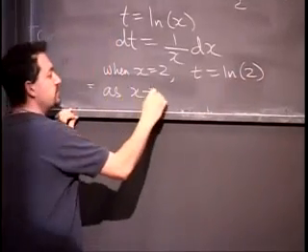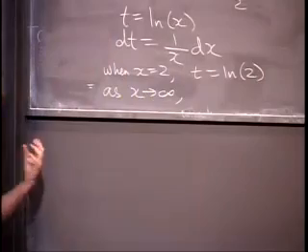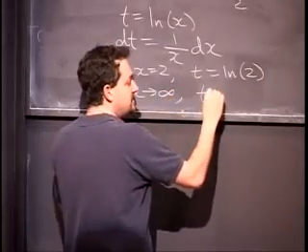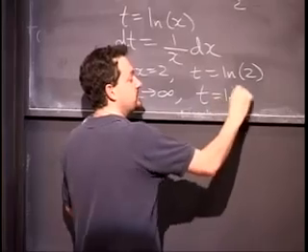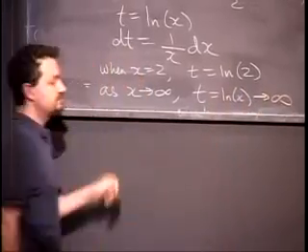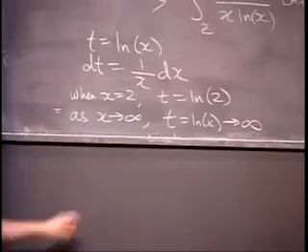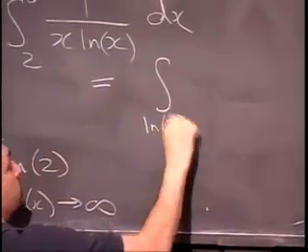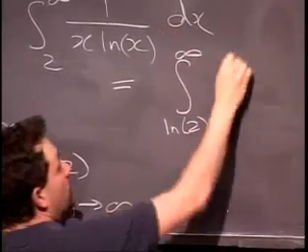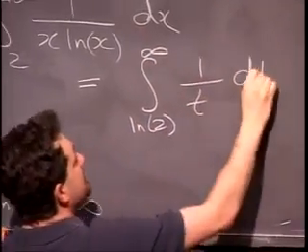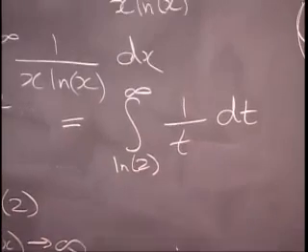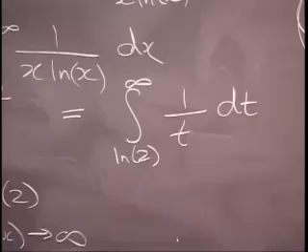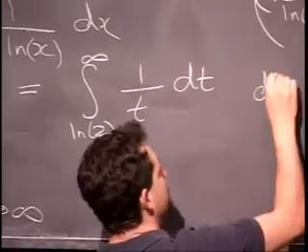As x goes to infinity, x can't actually equal infinity, but as x goes to infinity, t, which is log x after all, also goes to infinity. So that this integral in t land becomes the integral from log of 2 to infinity, 1 over t dt, because the dt is the dx over x, or 1 over x dx. And this diverges by the p-test.